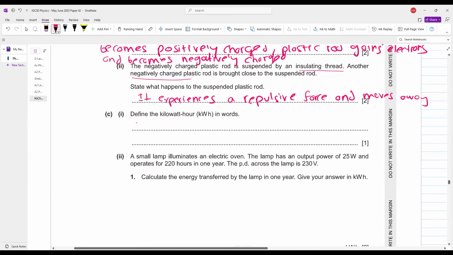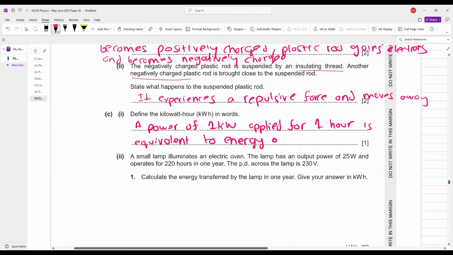So you will say a power of 1 kilowatt applied for 1 hour produces or is equivalent to energy of 1 kilowatt hour.